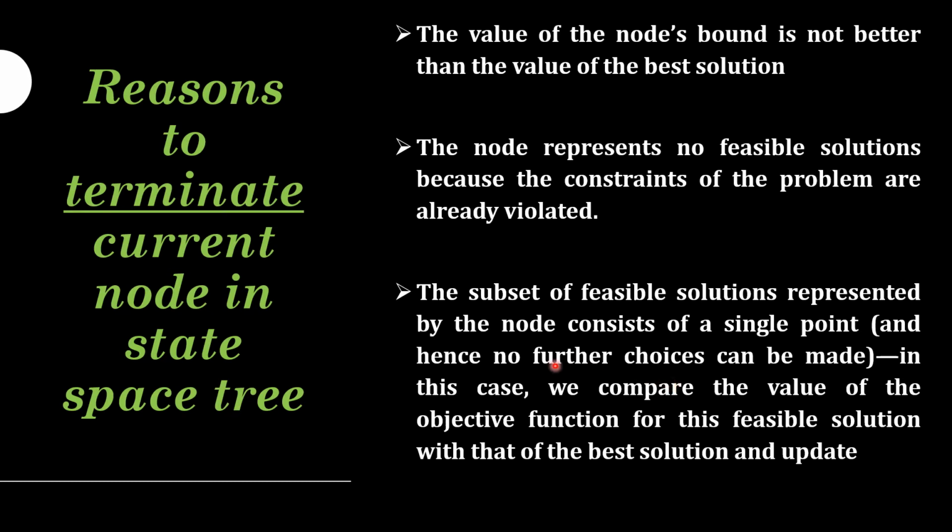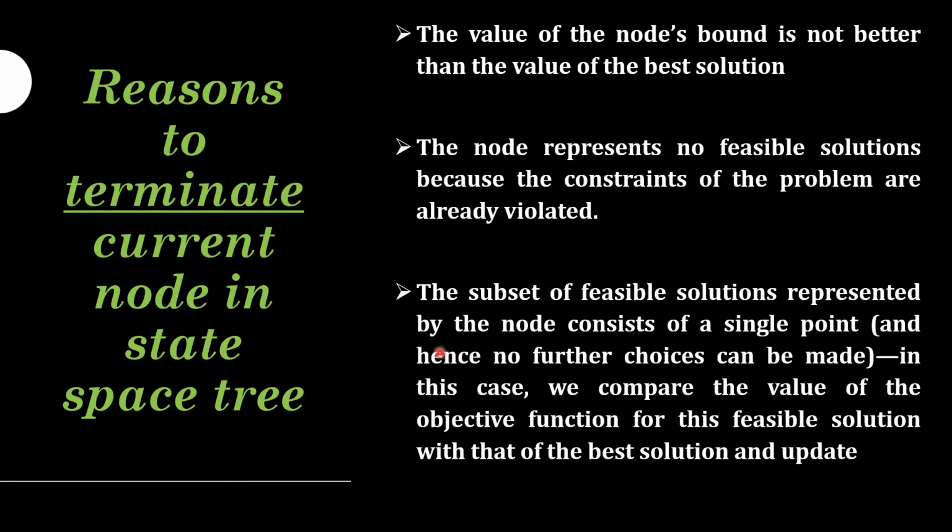We have already discussed what the objective function means and what a feasible solution is, and the best solution is nothing but the optimal solution. If you find an optimal solution, you can update that value while constructing the state space tree.